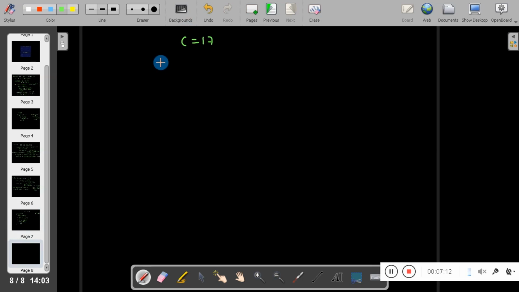The decryption process will give the plain text, that is M, that is nothing but C raised to power d mod of 55. In our case it is mod of 55. So C is equal to 17, 17 raised to the power d, d is 23. It's a very big number, mod of 55.